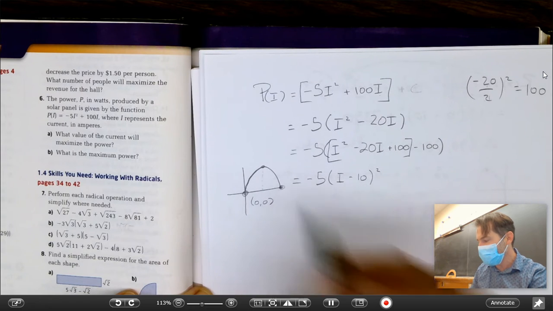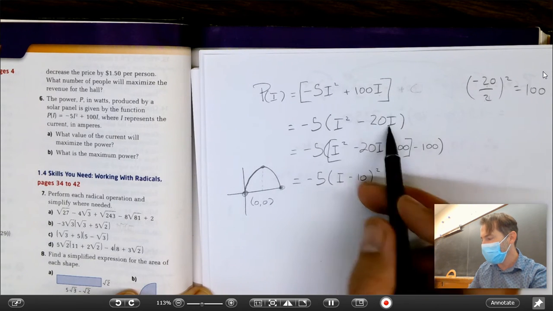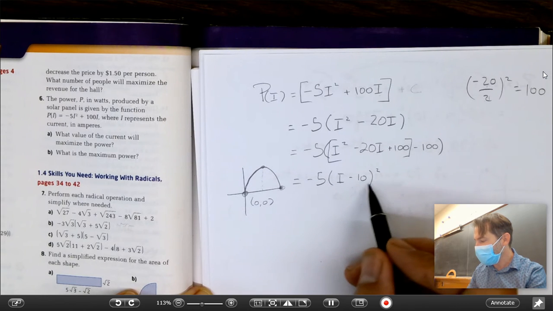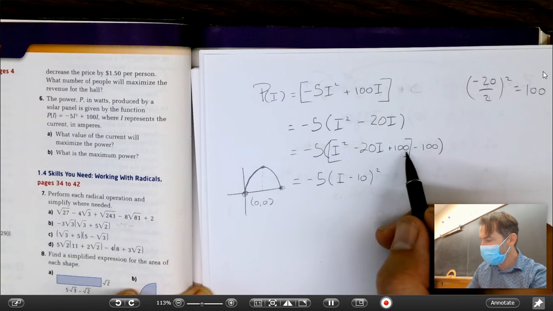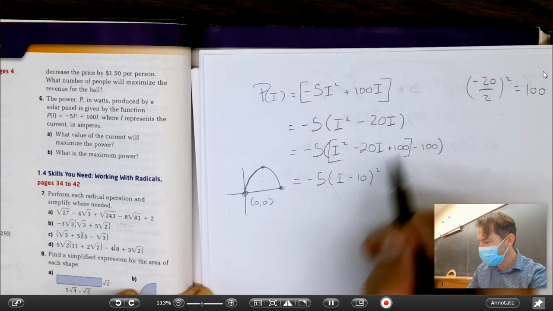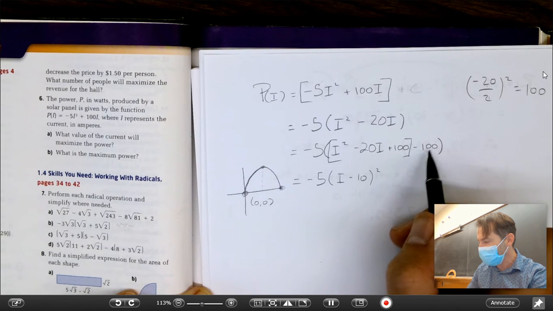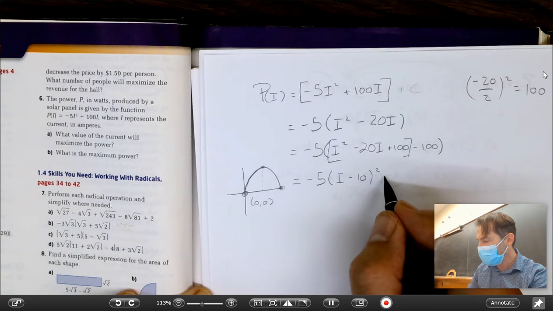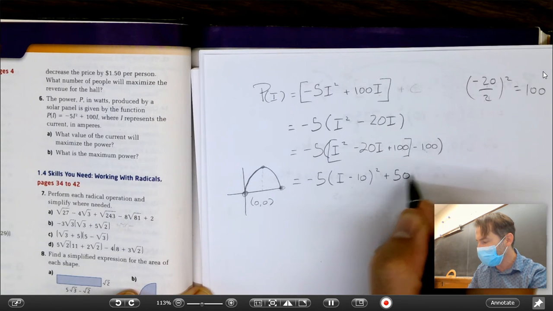Anyway, -5 times I minus 10 squared, and then that 100 is in there, but this 100 has to come outside the bracket, so I have -5 times -100, that's positive 500.